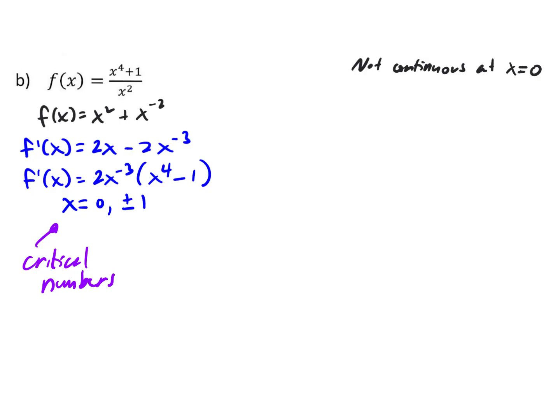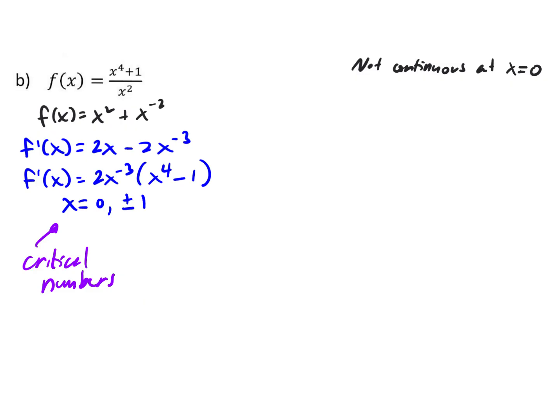That's why the 0's in there. We have to check, because that's a spot where we could still have a change in increasing versus decreasing. When you draw your number line, it's going to look a little different.